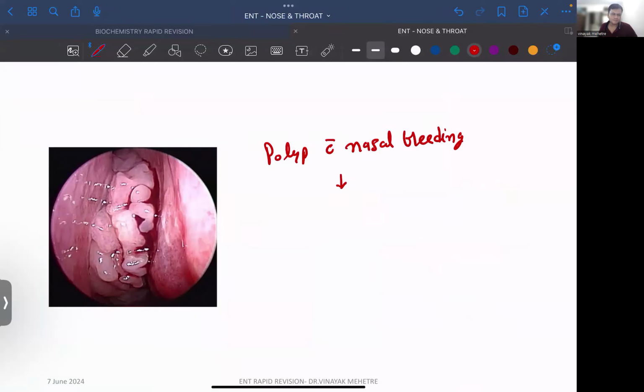Polyp with nasal bleeding. Polyp with bleeding. Whenever you are getting question with just this much hint, remember answer is inverted papilloma. Finished. Polyp with nasal bleeding. Answer will be inverted papilloma.